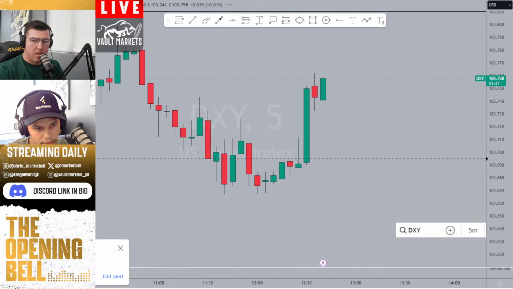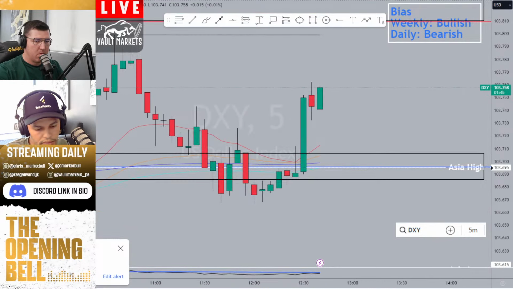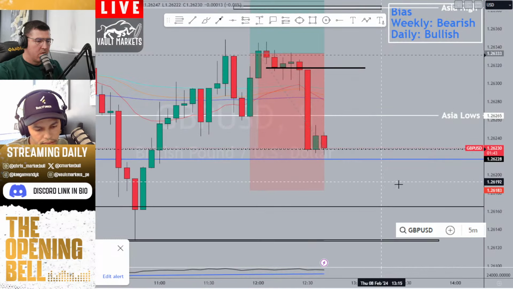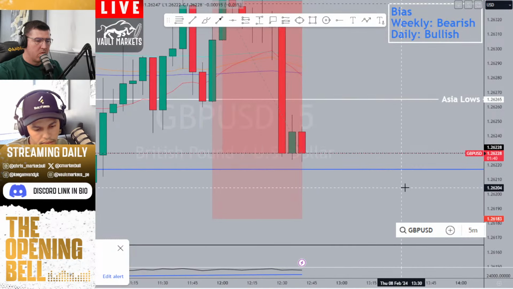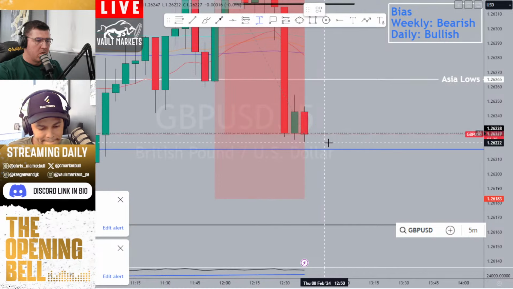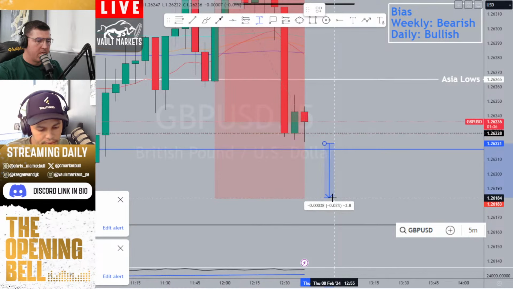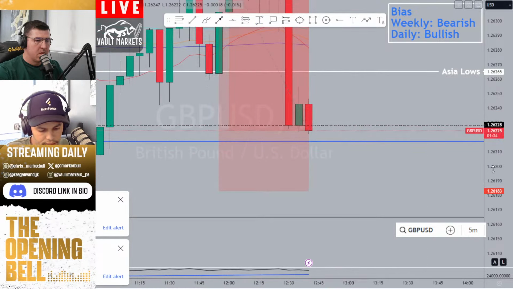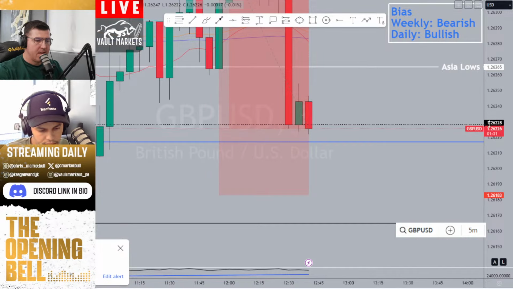Drawdown gang, here we go, baby. Four pips. Are we going to try and save 4 pips here?